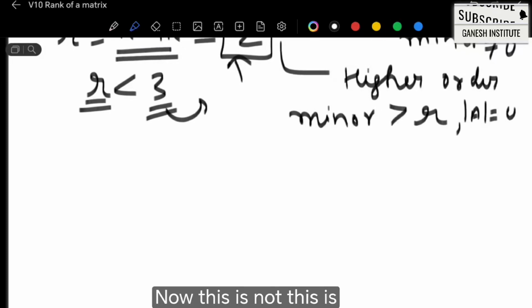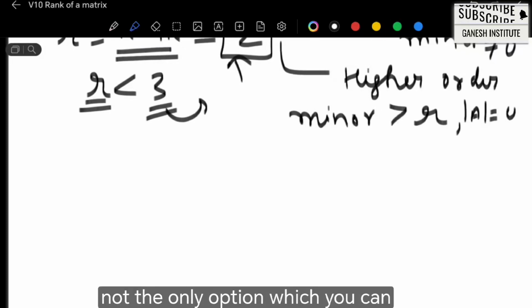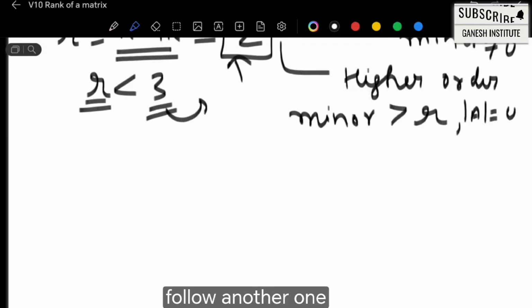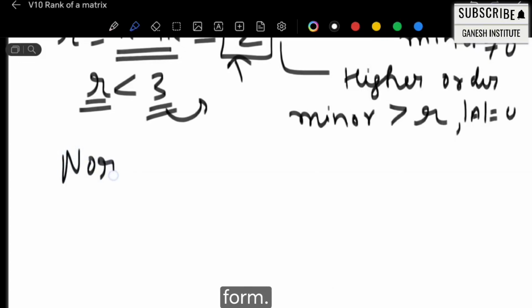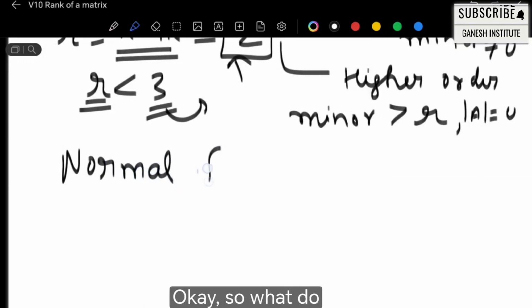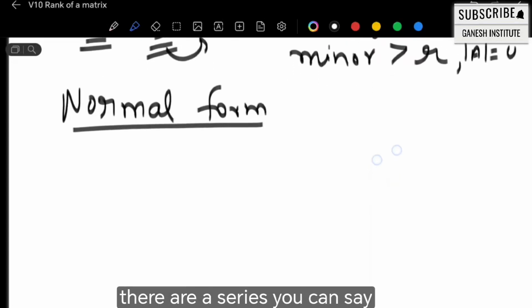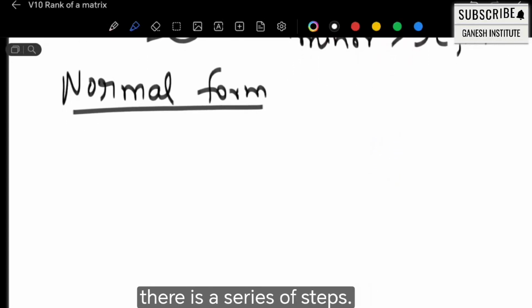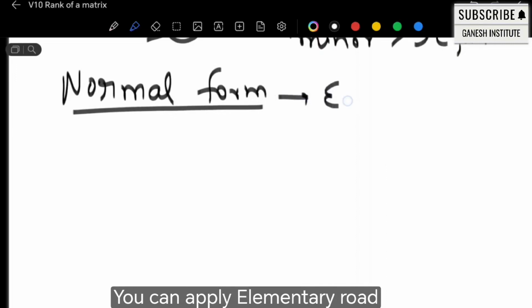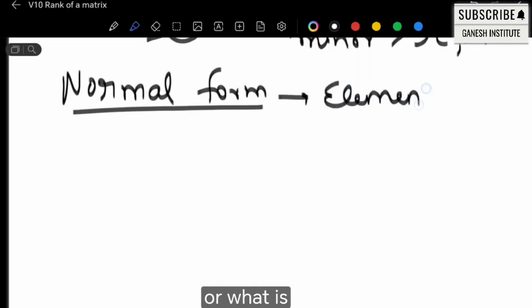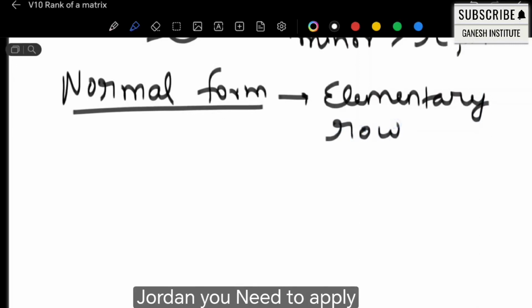Now this is not the only option which you can follow. Another one is normal form. So what do we do in normal form? Basically, there is a series of steps. You can apply elementary row transformation, Gauss-Jordan.